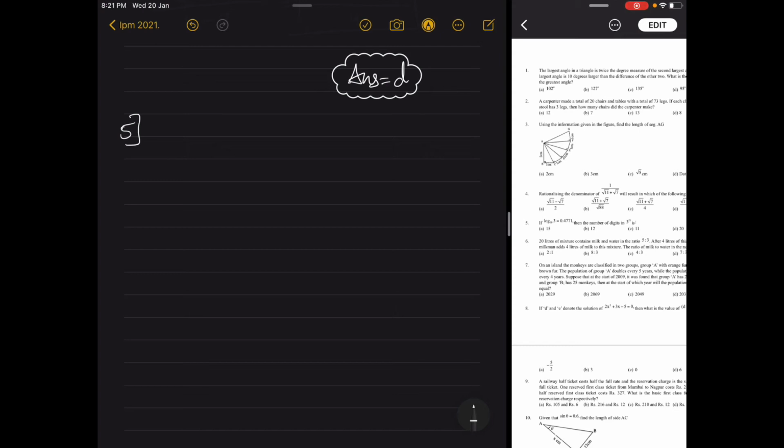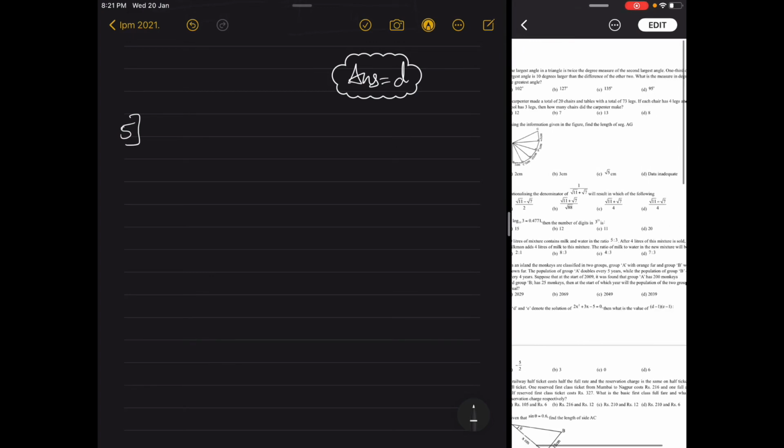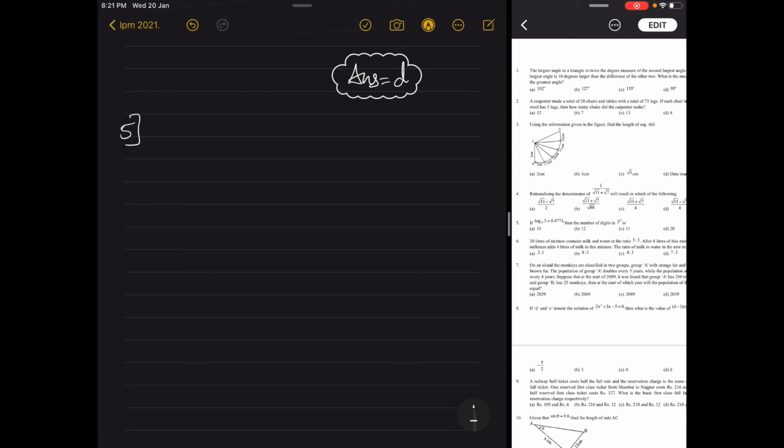I would make a separate video on how to find the number of digits, so stay tuned for a couple of videos later, where I would be showing how to find the number of digits with a log.